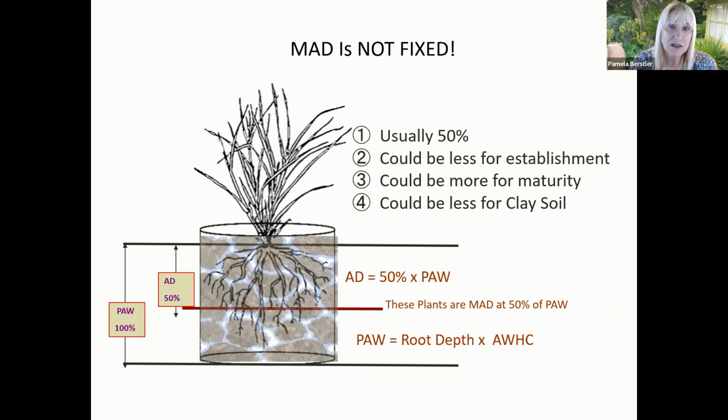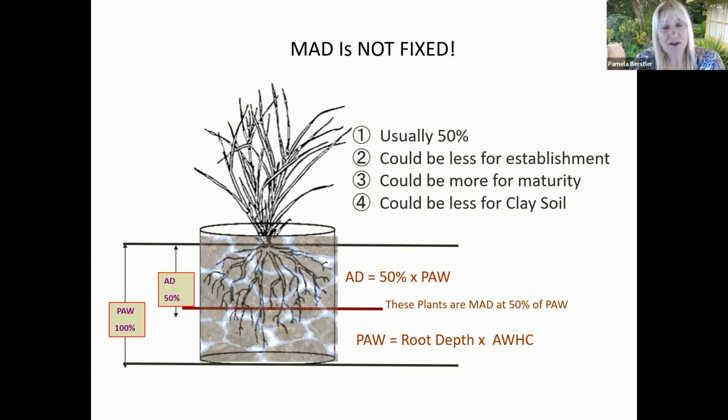That's because container soil is designed for plants that are being irrigated almost every day in the nursery, and they need to be shipped. So the mixture is often lighter than the surrounding soil. So it's kind of a different condition when you've just planted that plant.